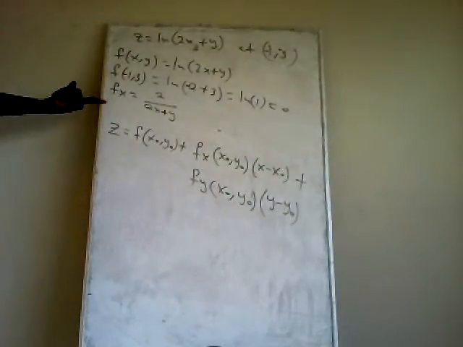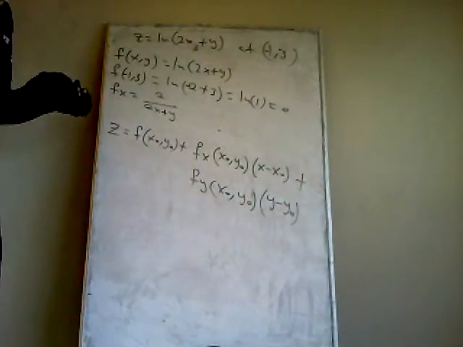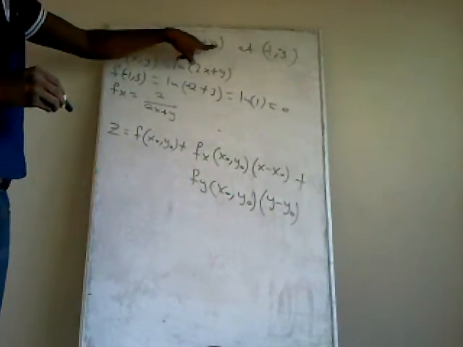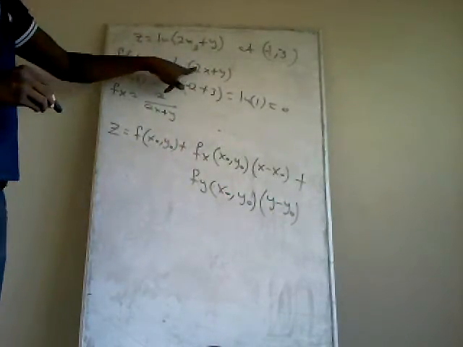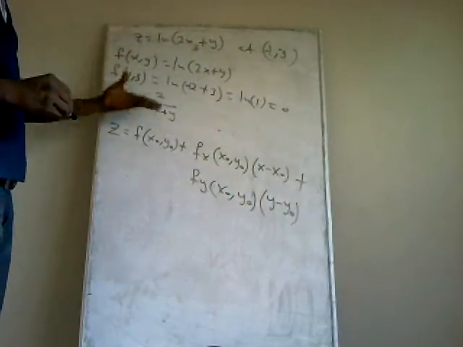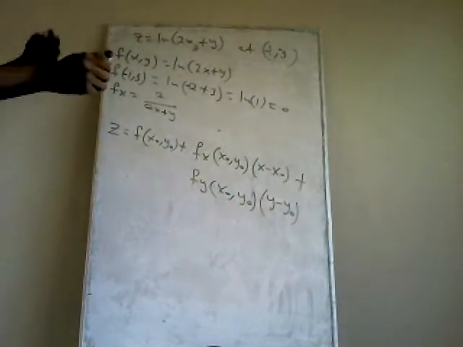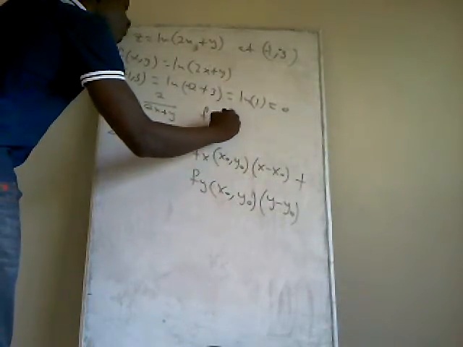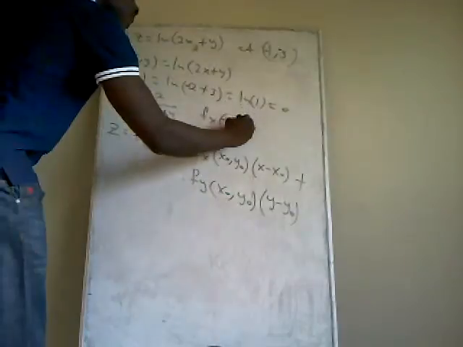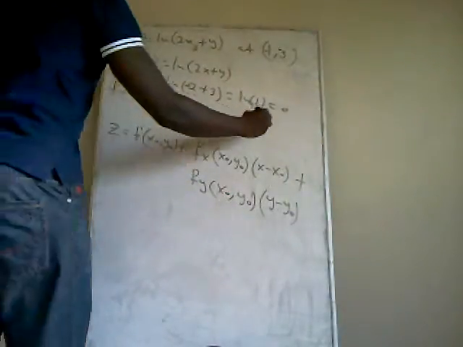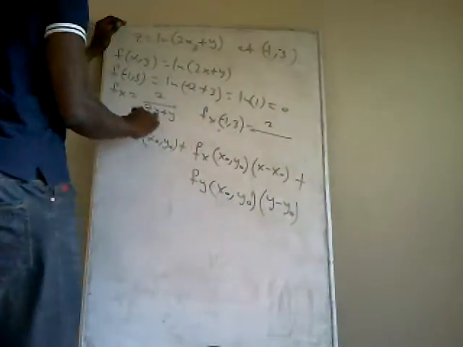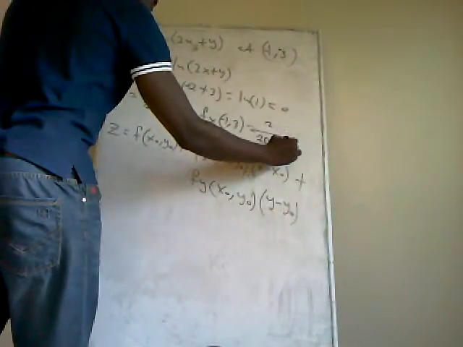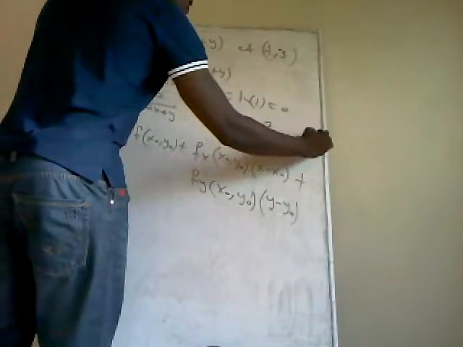When I differentiate the ln function, it becomes 1 over 2x plus y, and I differentiate 2x plus y with respect to x and get 2. So fx at -1, 3 is 2 over 2 times -1 plus 3, which gives me 2.